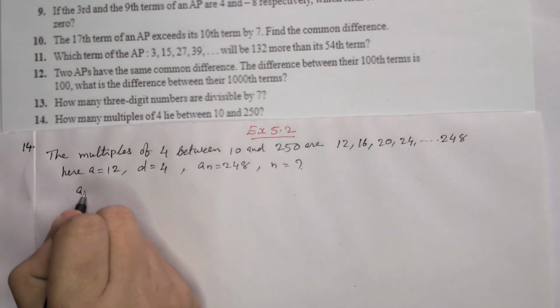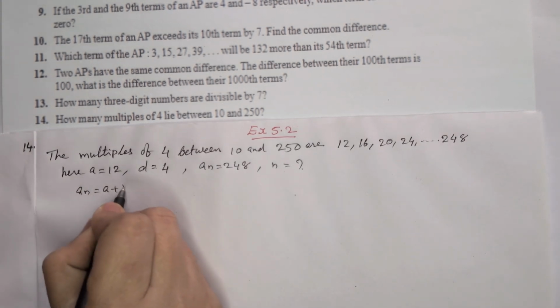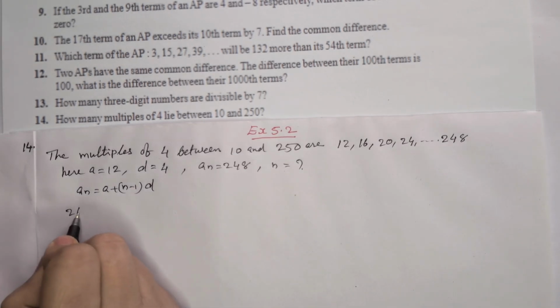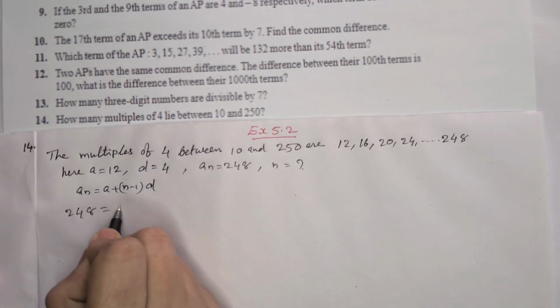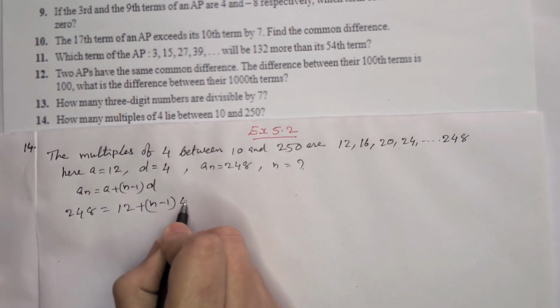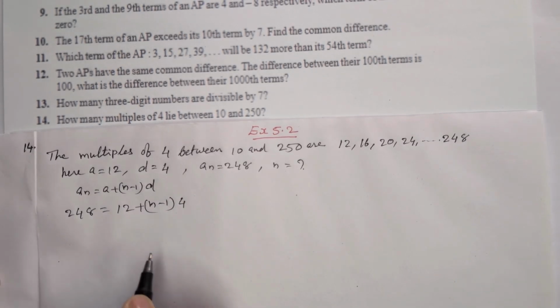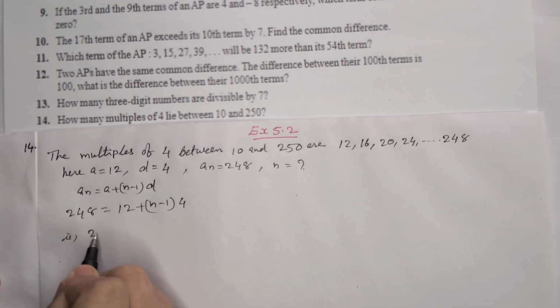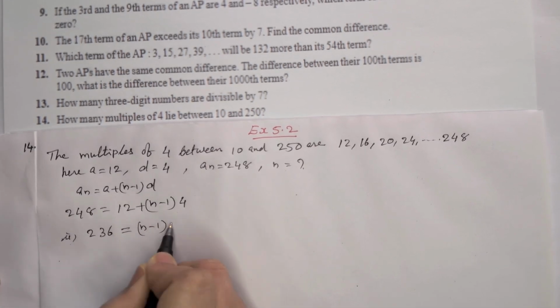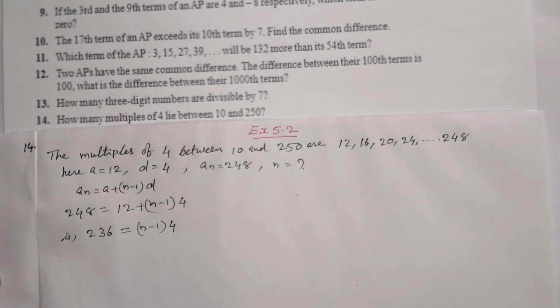So write the formula. an is equal to a plus n minus 1 into d, and an is 248, which is equal to 12 plus n minus 1 into 4. Moving 12 to the other side, it will come 236 is equal to n minus 1 into 4.